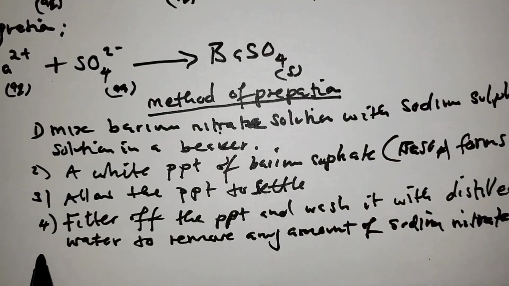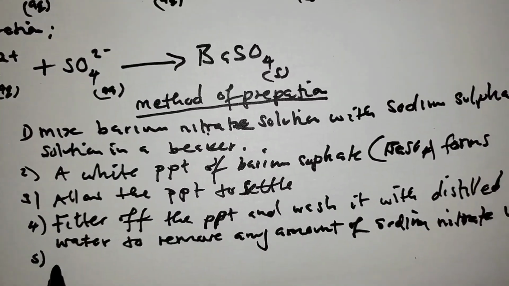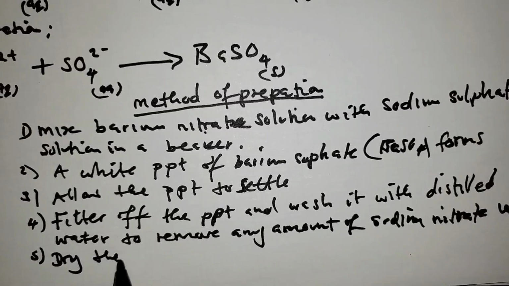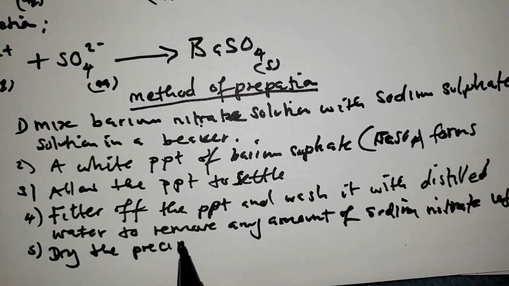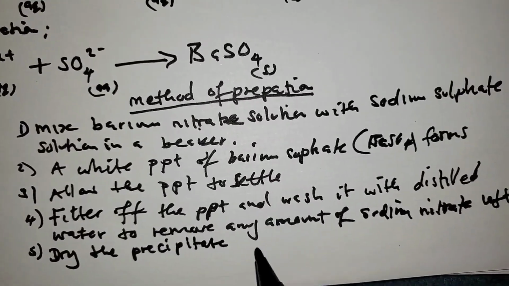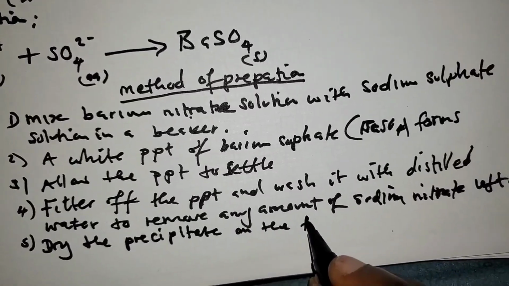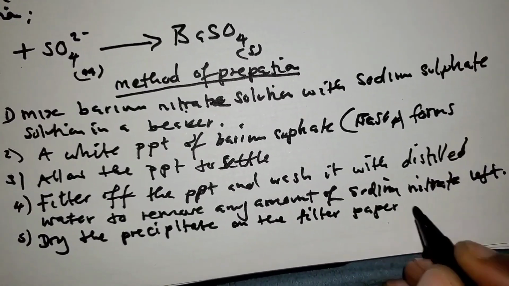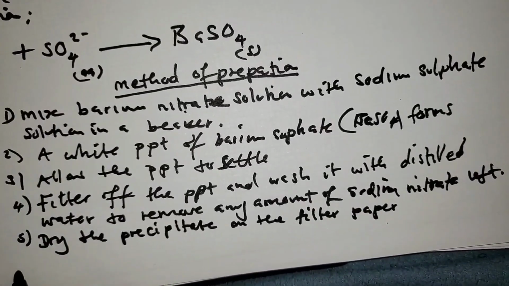Now after washing, what do you do? The fifth step, you dry the precipitate on the filter paper. After drying the precipitate on the filter paper, then you've done.